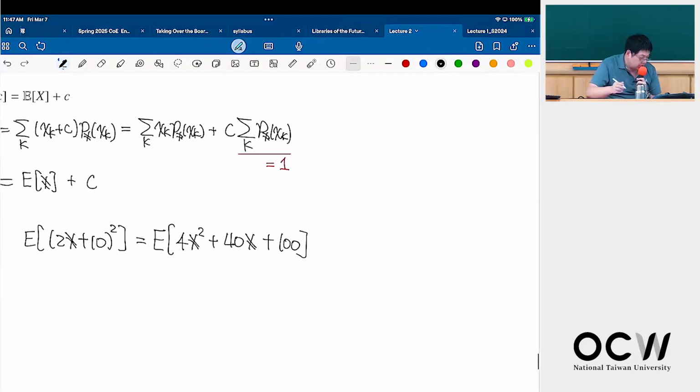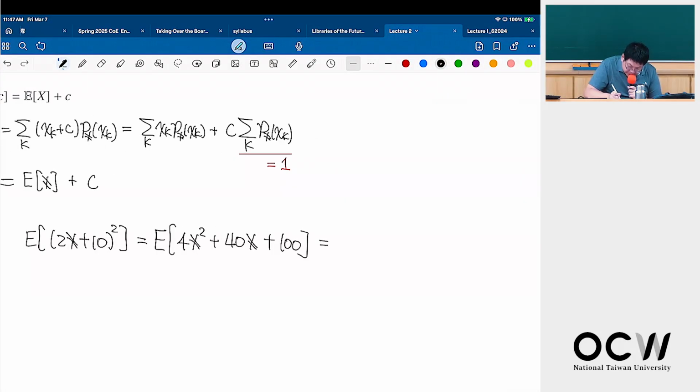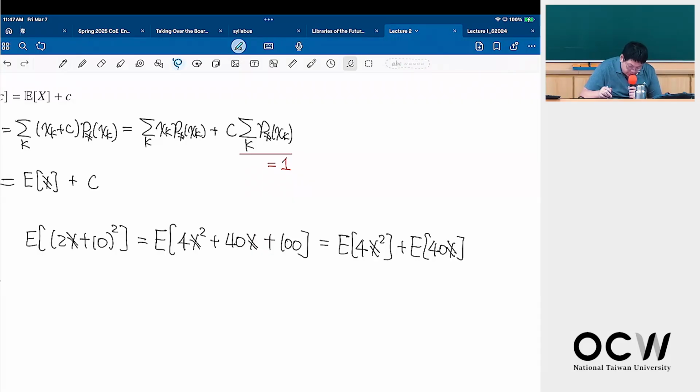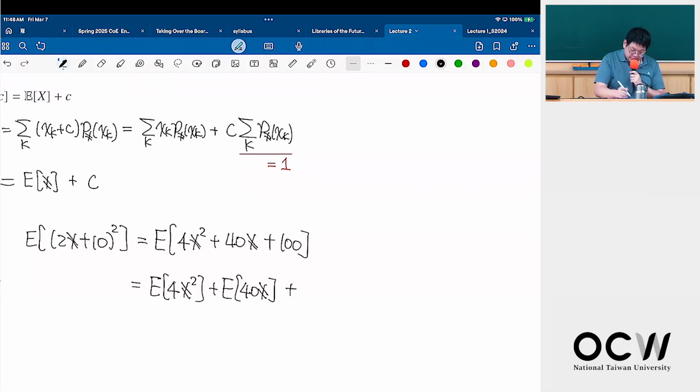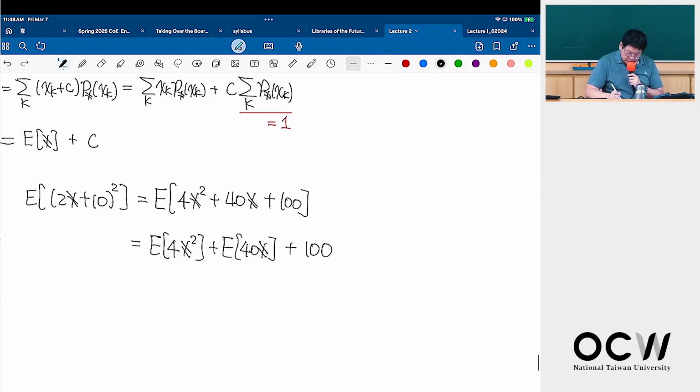This is equal to, for linearity, the expectation of 4x squared, and then the expectation of 40x, and also the DC shift, so it'll be 100. Then you'll get 4 times the expectation of x squared, and 40 times the expectation of x, plus 100.